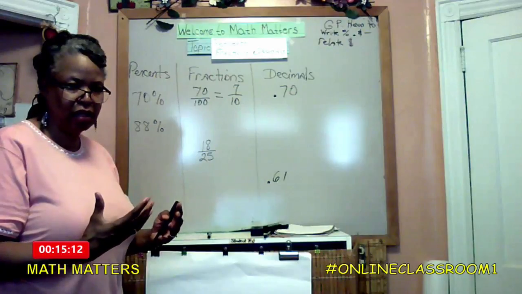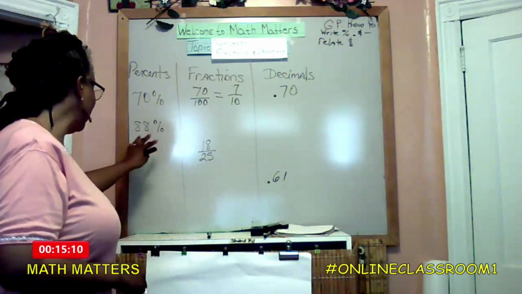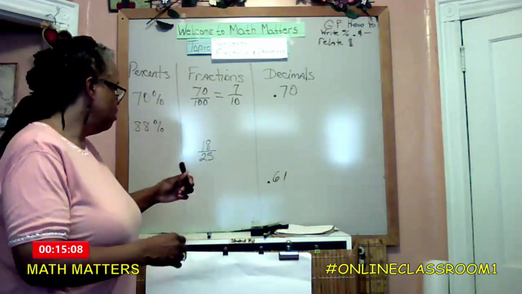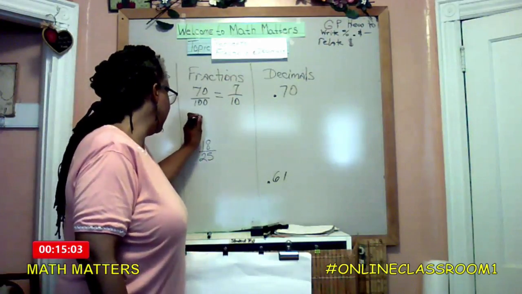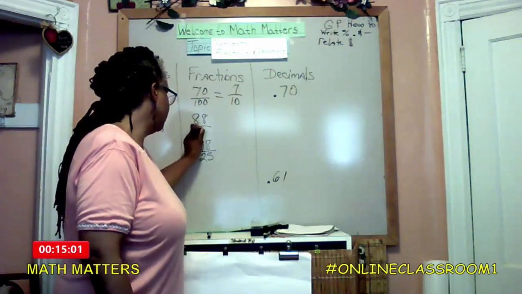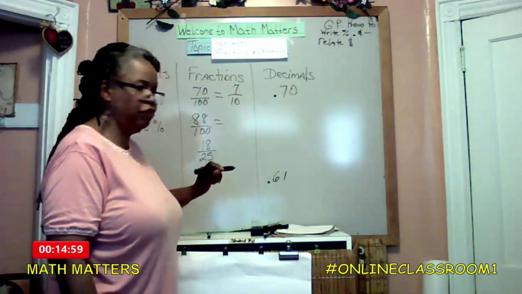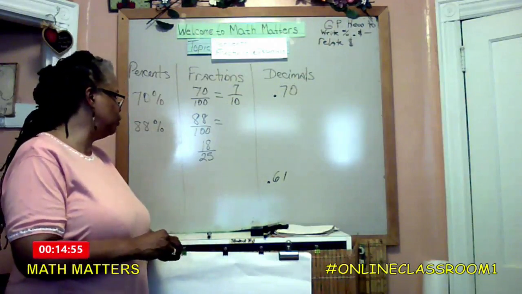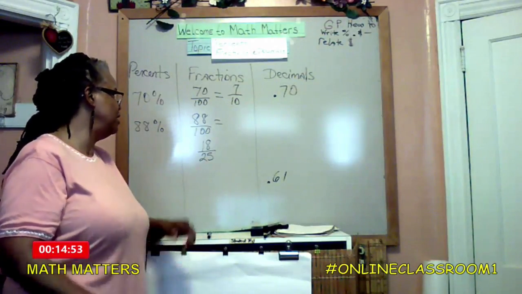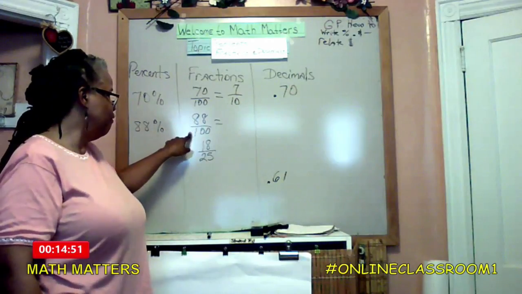Let's look at 88%, written as a fraction. It's going to be simply 88 out of 100, and we need to reduce that to its simplest form. I definitely see a 4 here and a 4 here.